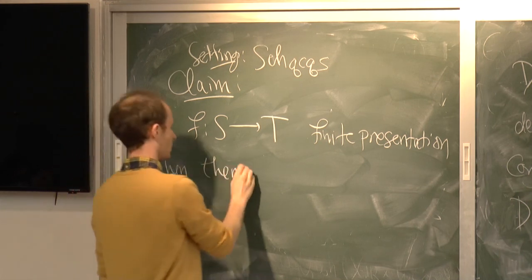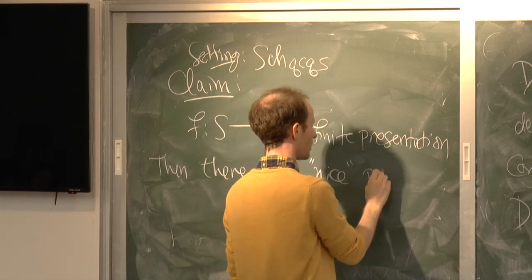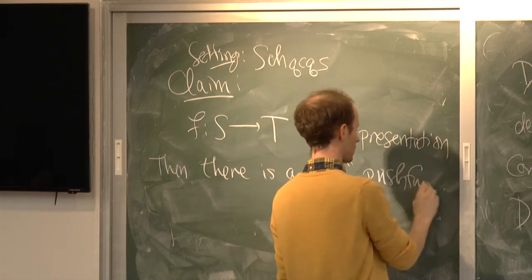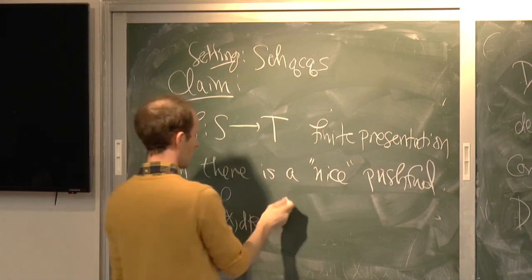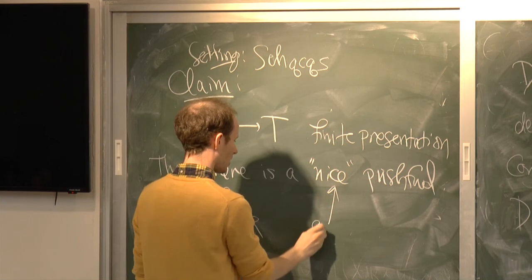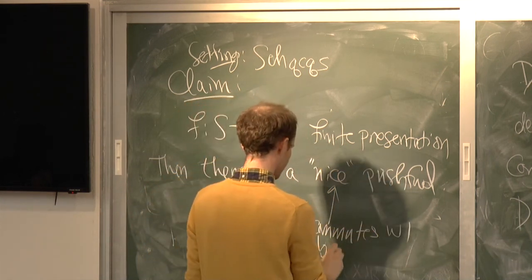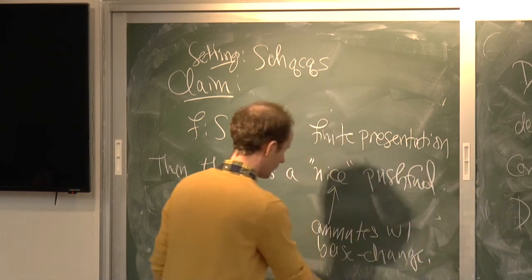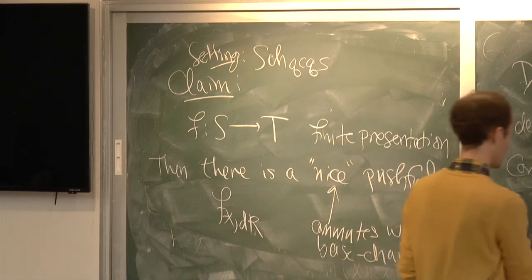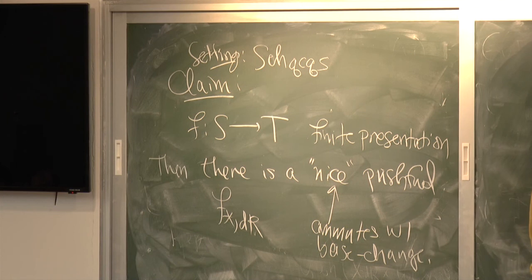Then there is a nice push forward functor, which I'm just going to call f star de Rham. And nice here means it commutes with base change.